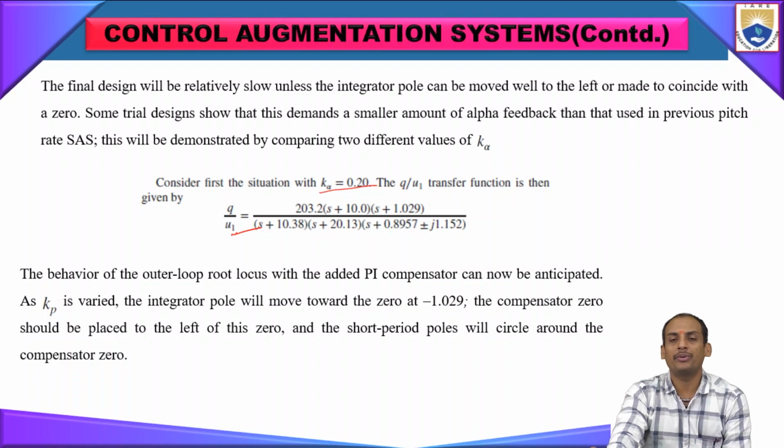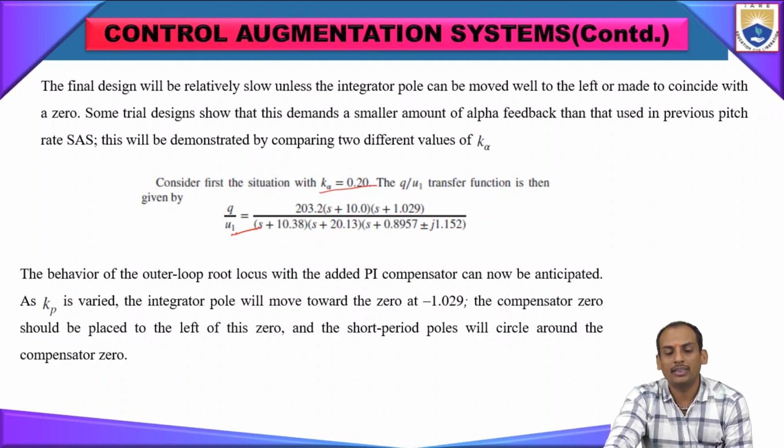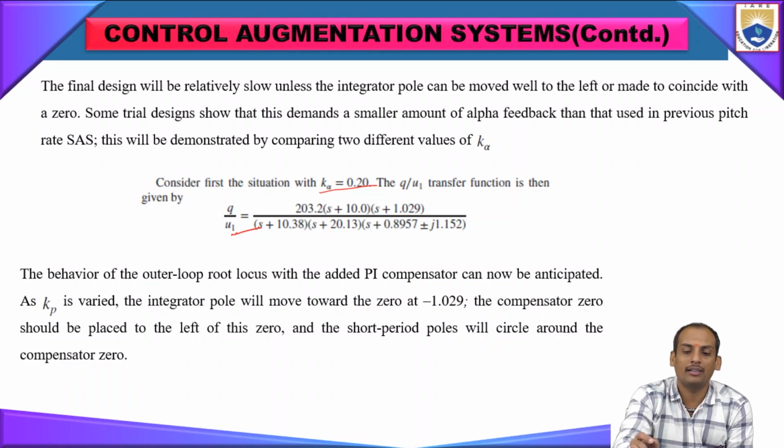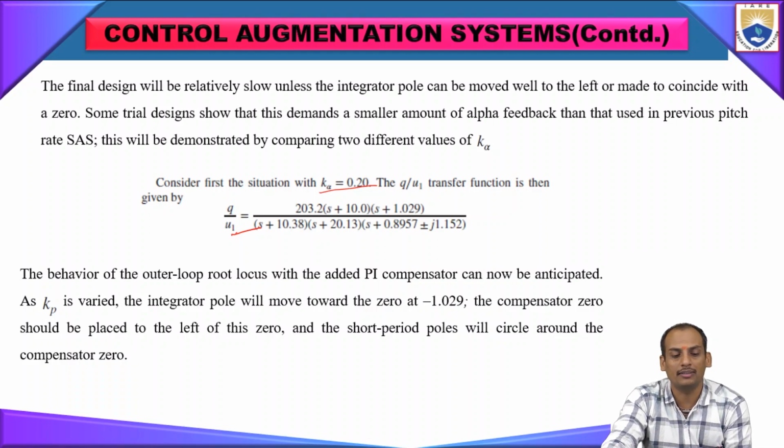The behavior of the outer loop on the root locus, added with the PI compensator, can now be anticipated as a KP. Here that is alpha rate, and this is pitch rate KP. The integrator pole will be moved towards the 0 when the KP value is minus 1.029.